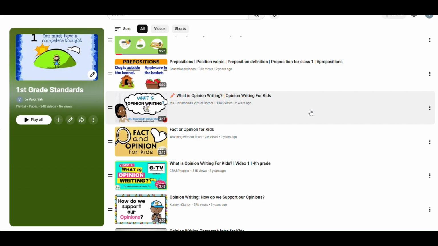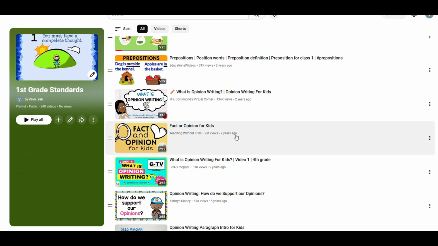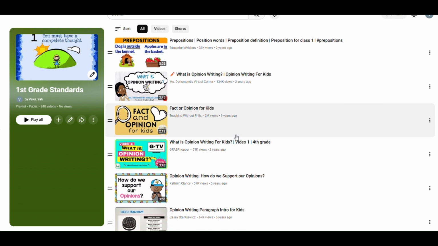That's an opinion book. So you can, as you introduce, again, even here, this video, fact or opinion, then you can start teaching the children what an opinion is. There's fact, something that it doesn't matter what your opinion is. It will be as some say, the truth will be, whether you like it or not.